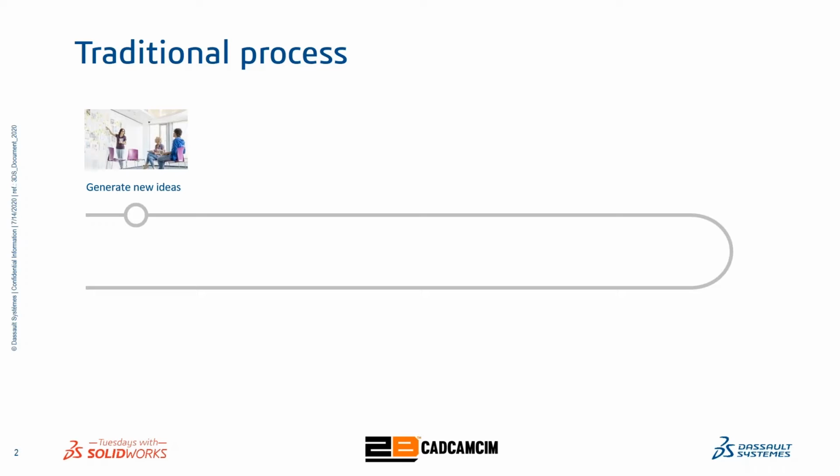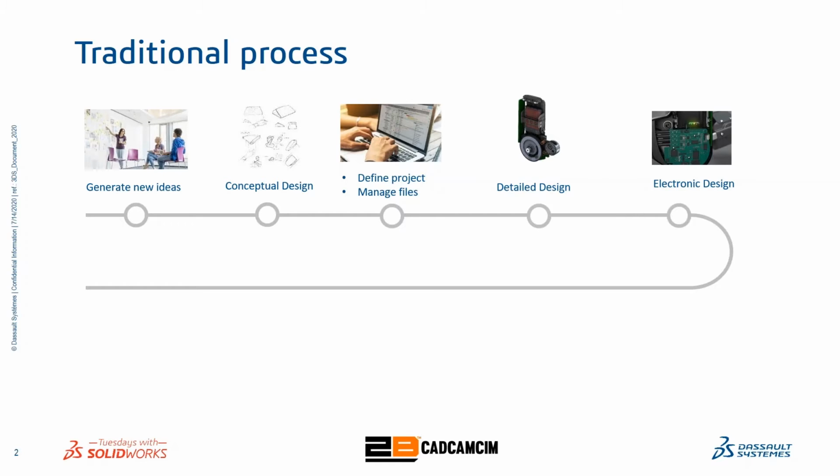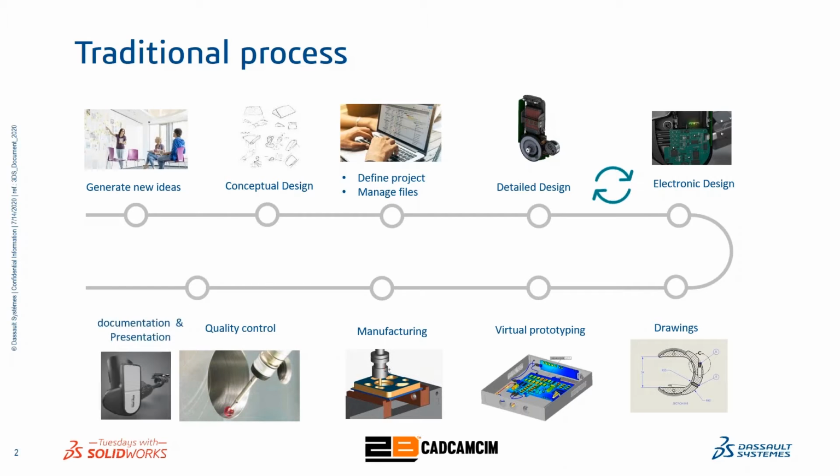The traditional process we currently have to make a product is a serial process, from generating a new idea, making conceptual design, defining the project, making the MCAD and ECAD, then validating that design and preparing it for manufacturing, and finally documenting this design and assuring its quality.